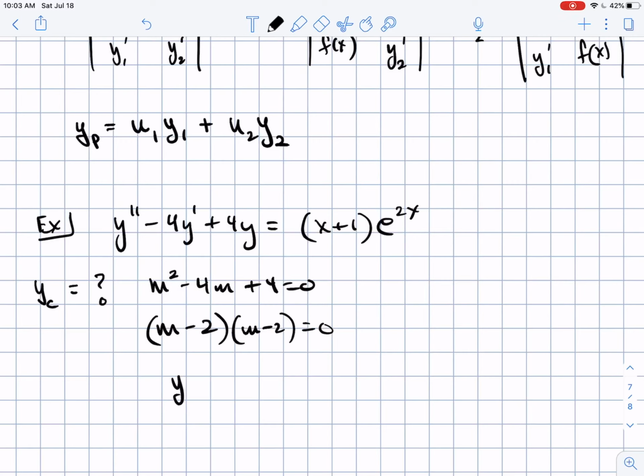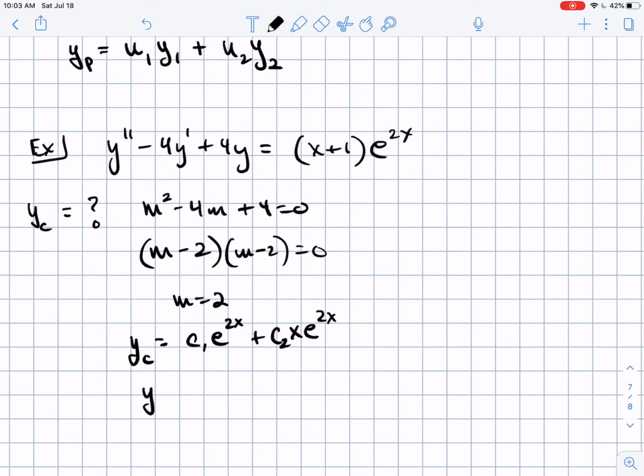So m is going to be 2, so if we're looking for our y of c, we would have c1 e to the 2x plus c2 x e to the 2x. Remember, because it repeats, y1 is e to the 2x, and y2 is x e to the 2x. All right, and that's important.